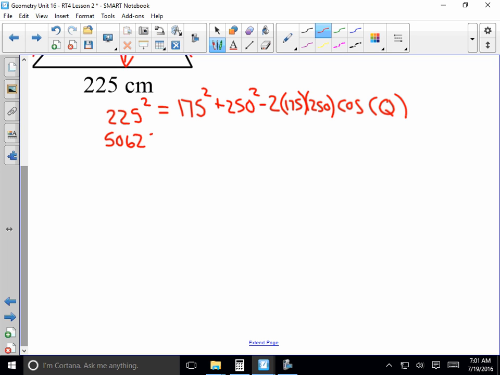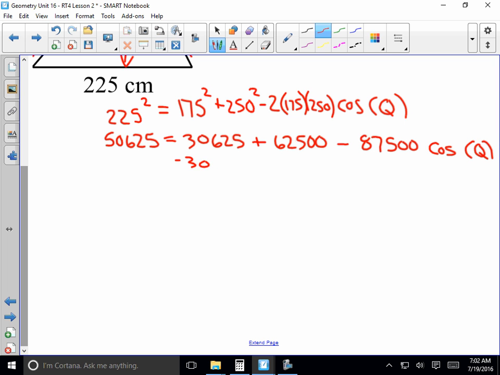So 50,625 equals 175 squared, 30,625, plus 250 squared, 62,500, minus 2 times 175 times 250, 87,500 cosine of Q. So now I've simplified all of my values, and now it just becomes a solving situation.